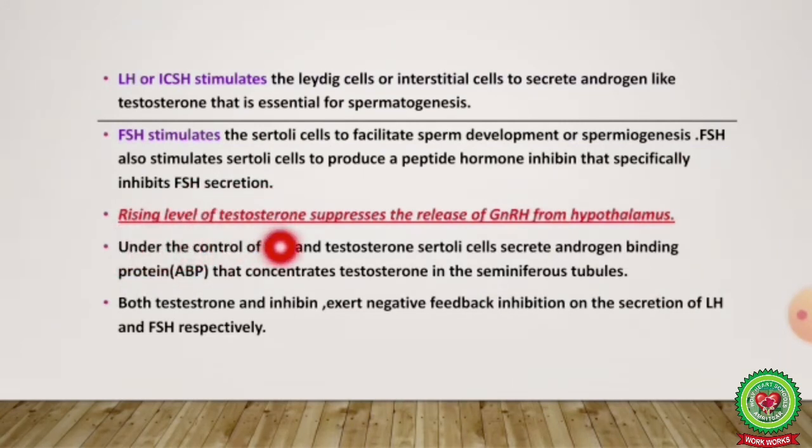Rising level of testosterone suppresses the release of gonadotropin releasing hormone from the hypothalamus. Under the control of FSH and testosterone, Sertoli cells secrete androgen binding protein that concentrates testosterone in the seminiferous tubules. Both testosterone and inhibin exert negative feedback inhibition on the secretion of LH and FSH respectively.